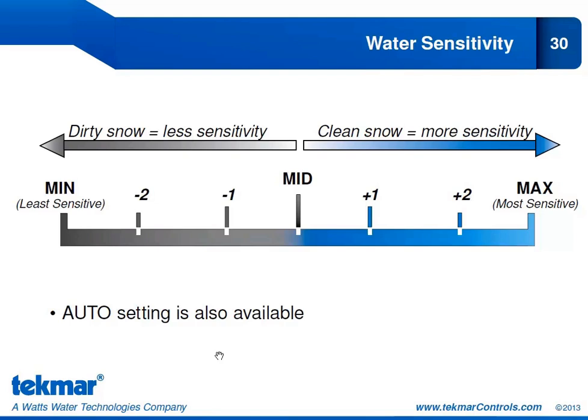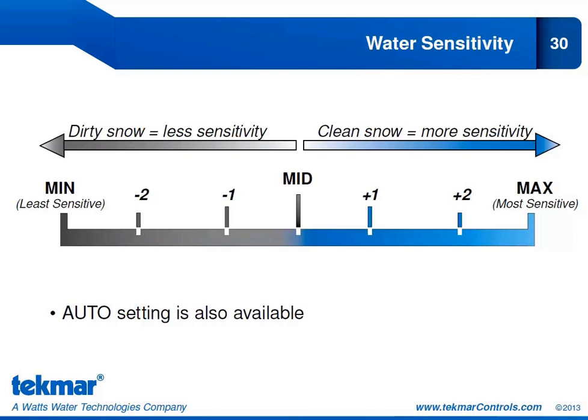So because we have all of these options here, it is very easy for you to customize the operation of the sensor and the control to your particular area and to the conditions of the snow in your area. So a bit of background on the water sensitivity setting. Sensitivity compensates for the varying outdoor conditions that affect how the 090 or the 094 interprets the presence of moisture.